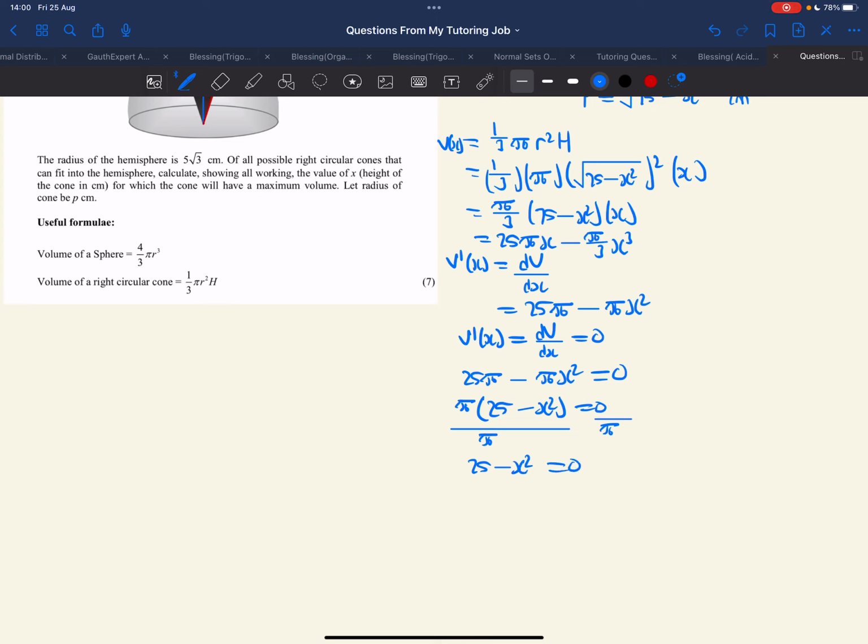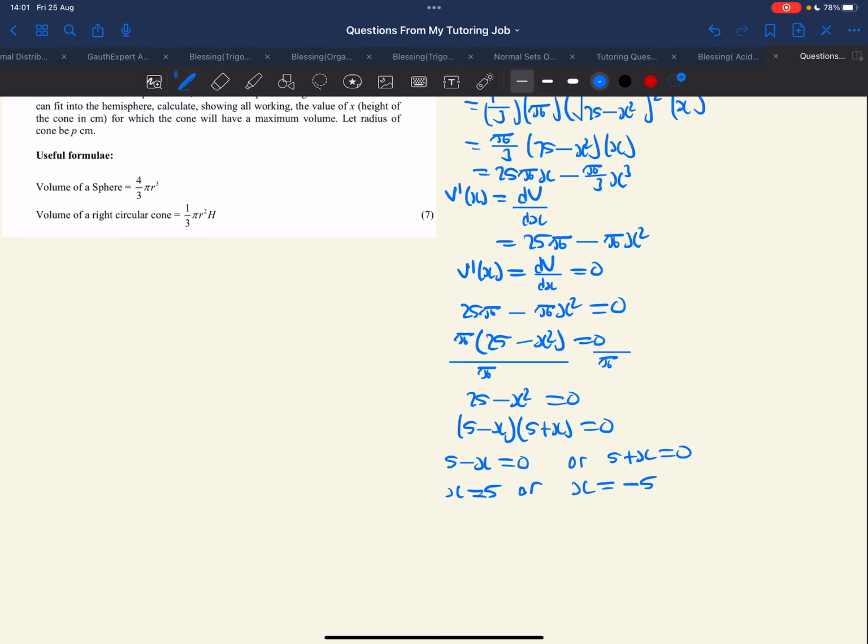Now I can factorize that: 5 minus x times 5 plus x equals 0. Separating the brackets and equating each to 0, x equals 5, or x equals minus 5.